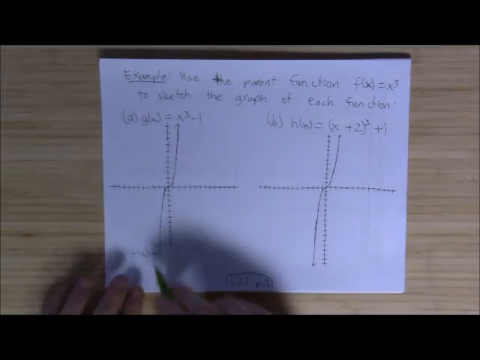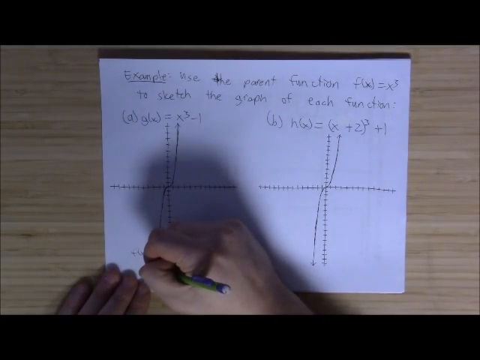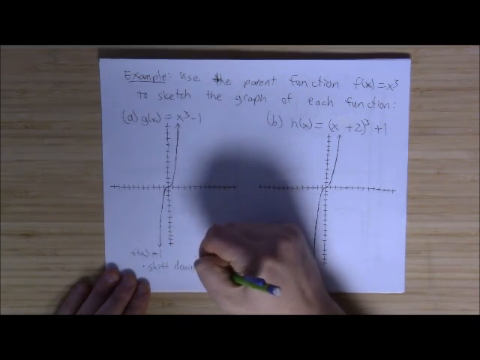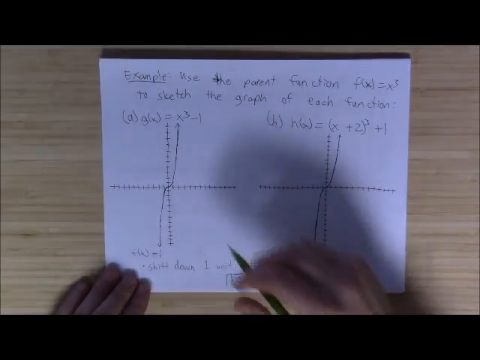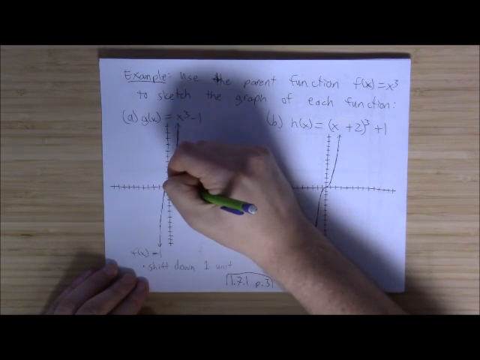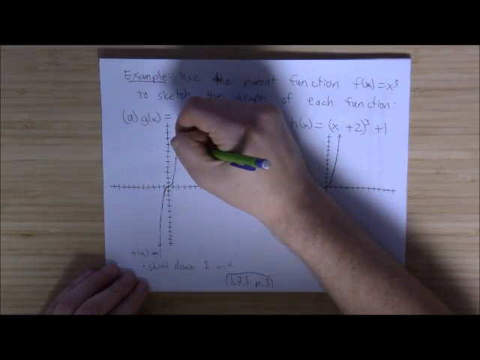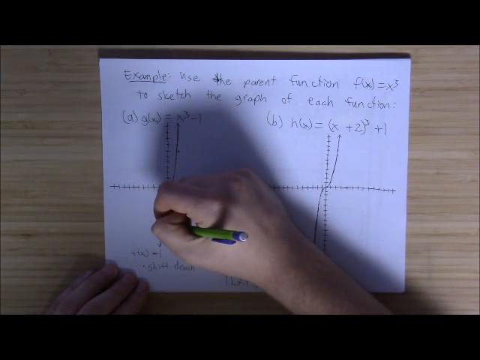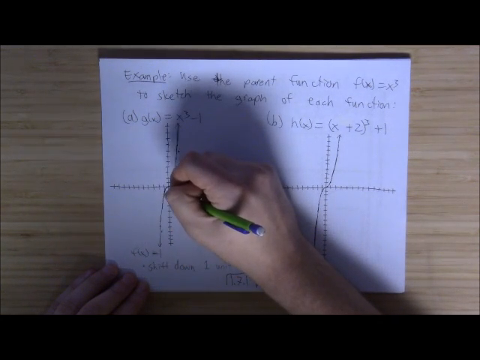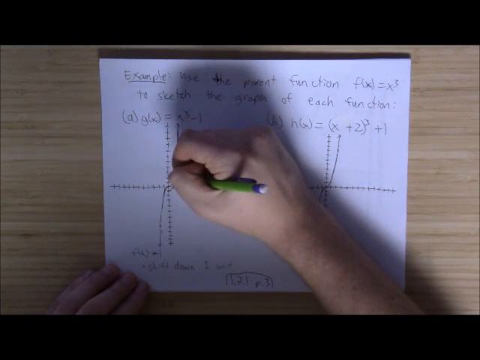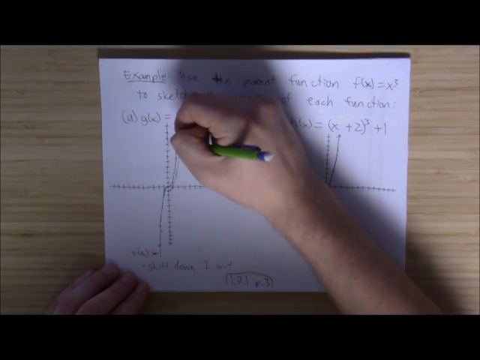In other words, that means we shift down 1 unit. To shift down 1 unit, we'd just be taking this whole graph and shifting down. So all the points get shifted down, and now the graph looks like this. This would be the shifted graph.